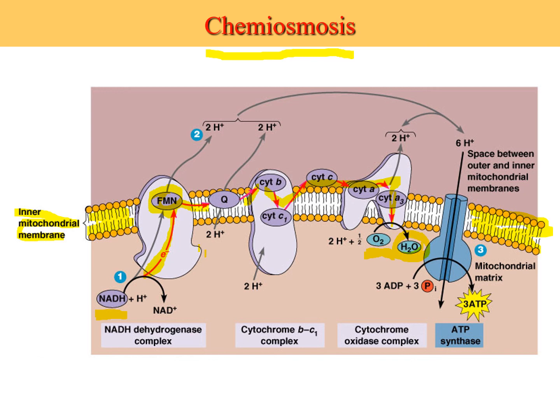Meanwhile, as these molecules are handing off an electron from one to the next in this electron transport chain, hydrogen ions are being freed up and pumped across into this area here, which is the space between the inner and outer mitochondrial membrane.